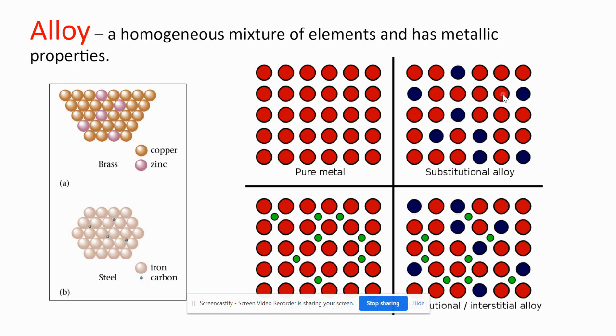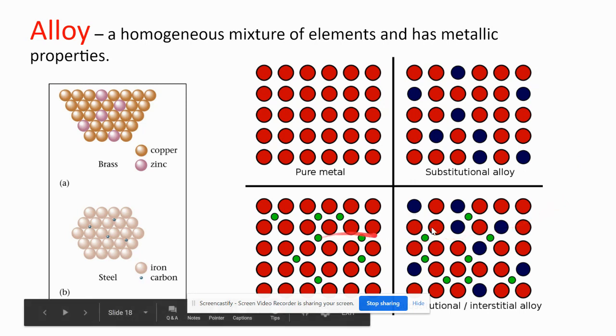Now, if you look in the periodic table, you can see zinc and copper are next to each other. They have about similar atomic size because you're substituting copper with zinc. So this is called a substitutional alloy, and this is a homogeneous mixture. Okay, and then you have something called an interstitial alloy.